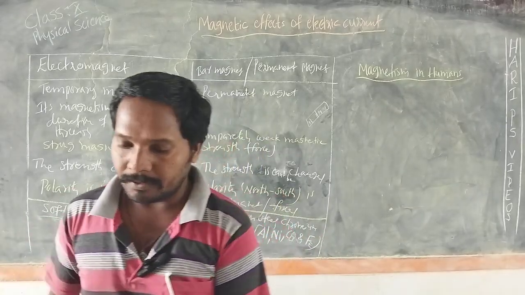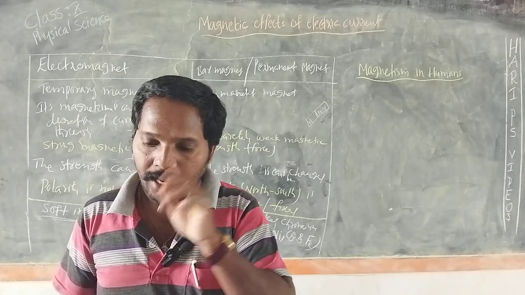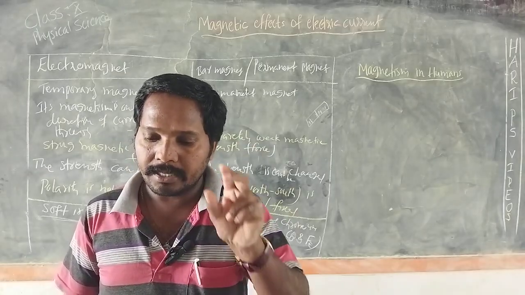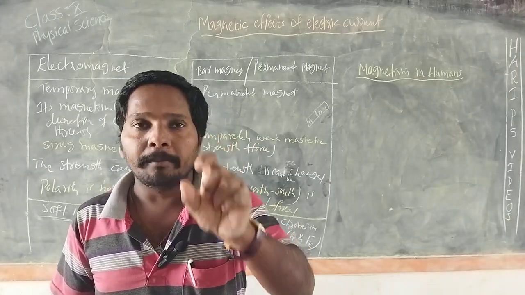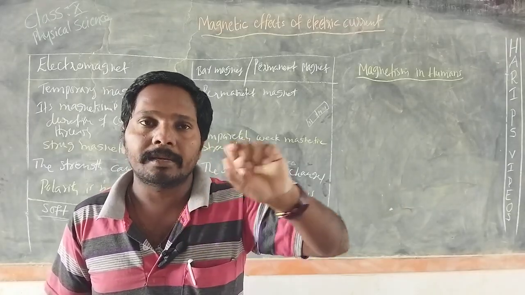For example, when we try to touch something with our hand, our nerves carry electric impulses to the appropriate muscles.